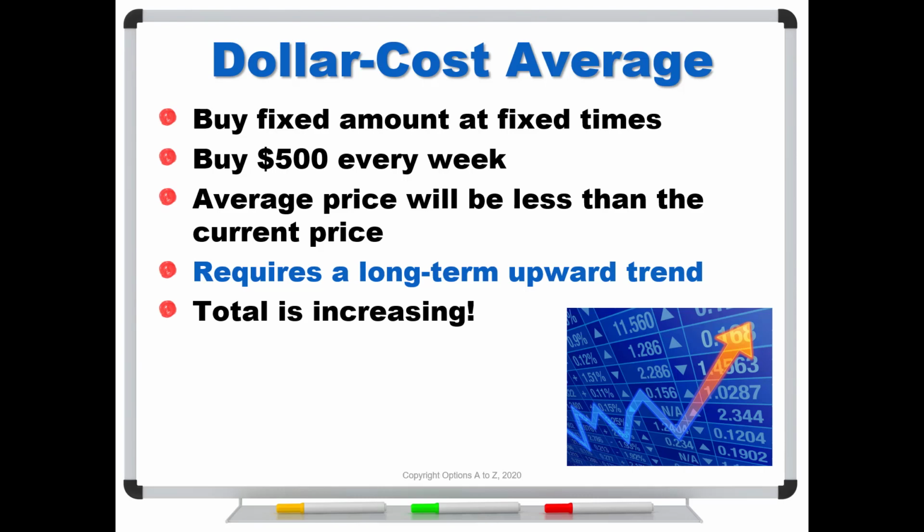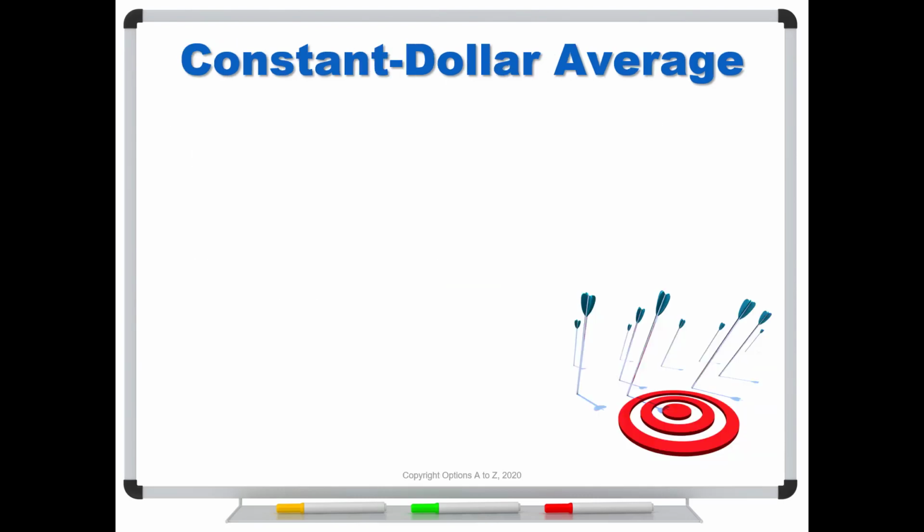And if prices fall at some point in the future, you could potentially be setting yourself up for a very big fall. But again, if we're going to assume that there's a long-term upward bias, dollar cost averaging is a beautiful way to not have the unfortunate time that the moment you stepped in was right at the high. It captures the average. So what's a constant dollar averaging strategy?